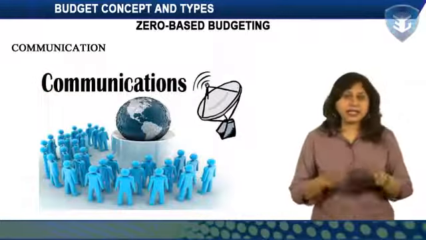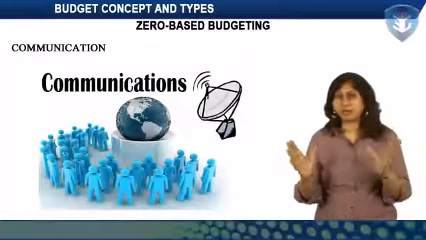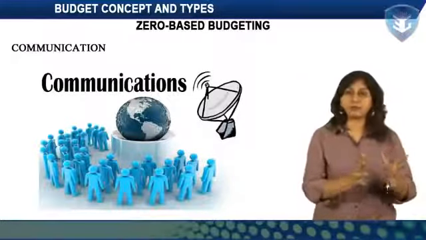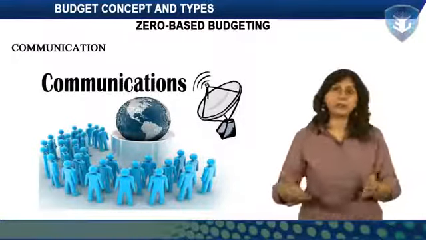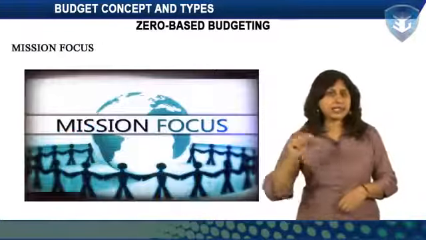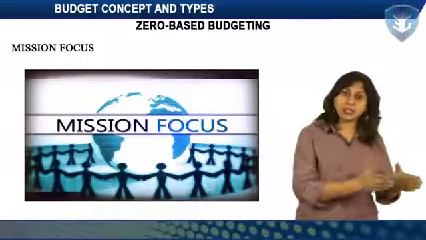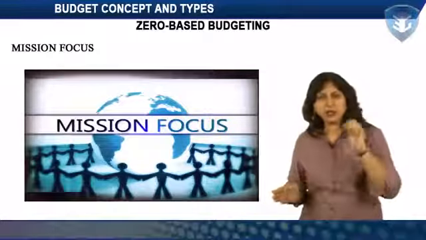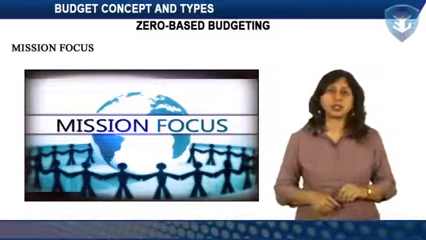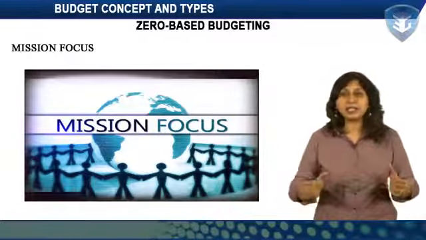Communication. The ZBB should spark a significant debate among the management team about the corporate mission and how it is to be achieved. Mission focus. Since the ZBB concept requires managers to link expenditures to activities, they are forced to define the various missions of their departments, which might otherwise be poorly defined.